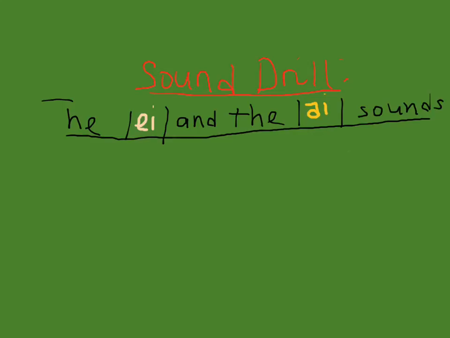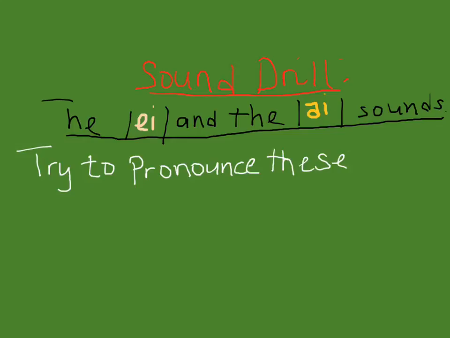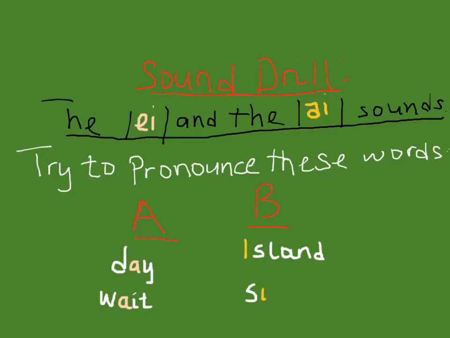I know that from Form 1 you have been seeing the other sounds, and now you've gone to another level to see words or letters that are represented by two sounds, the E and the I forming the A sound, and the A and the E forming the I sound to represent a single letter.